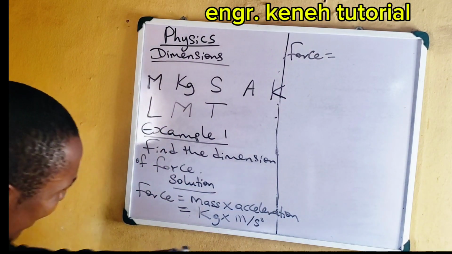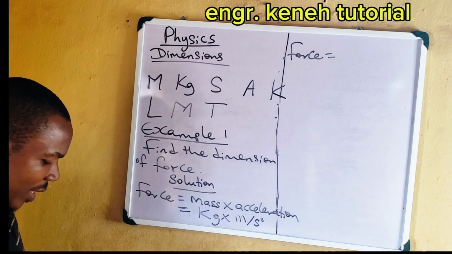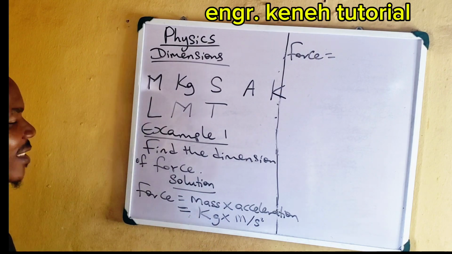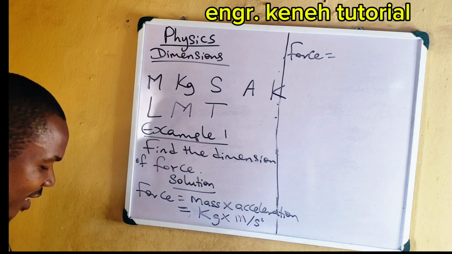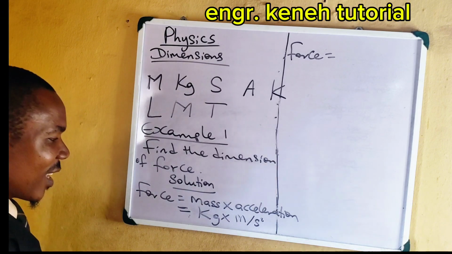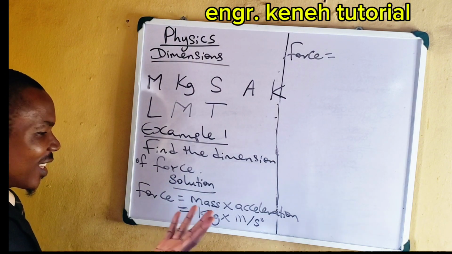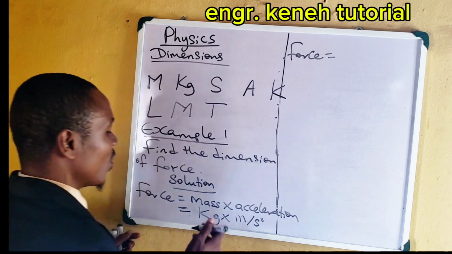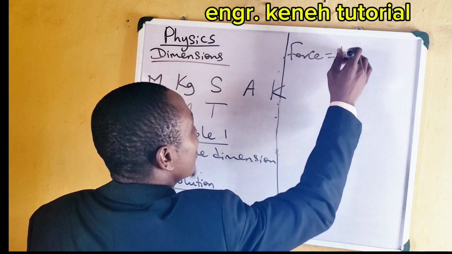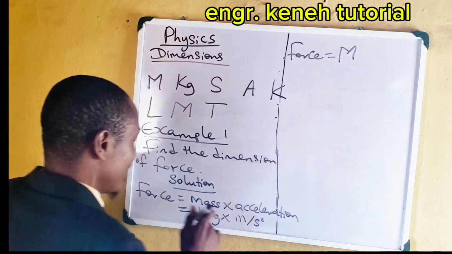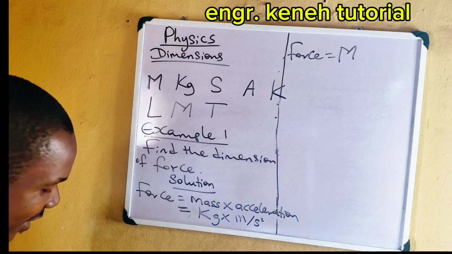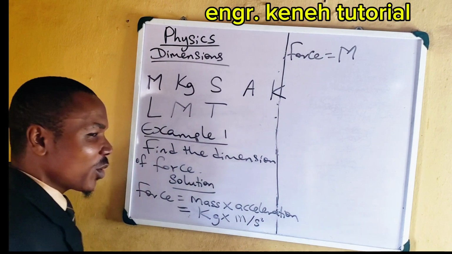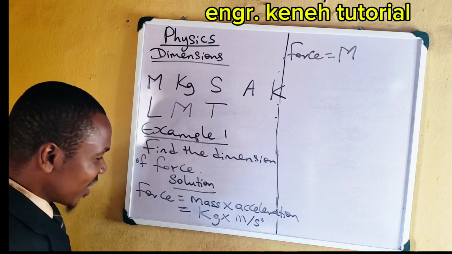Then this kg, what has this unit of kg? Mass. And mass starts with M. So instead of writing kg, I'll write M, and this M stands for mass. Then I'll say times m. M is meters, which is the unit of length.